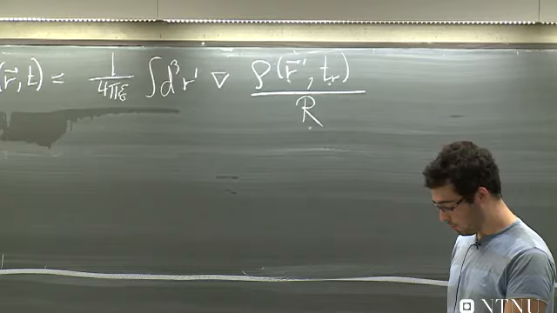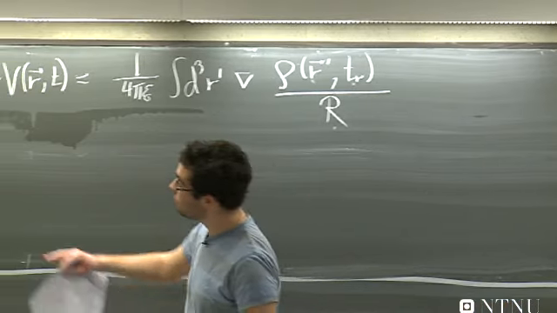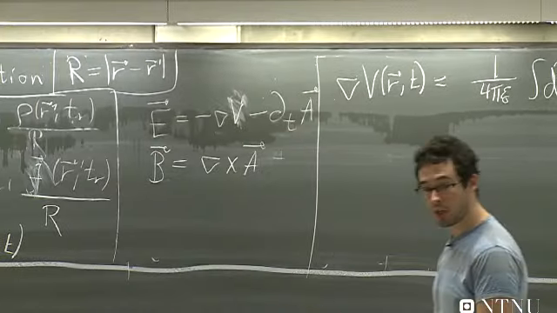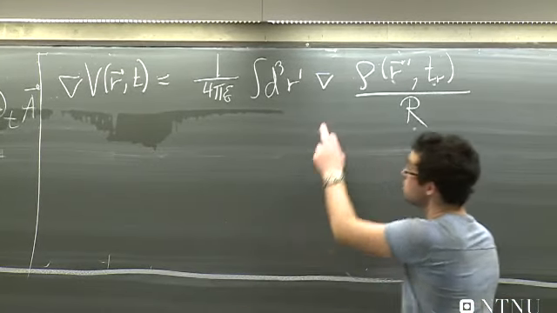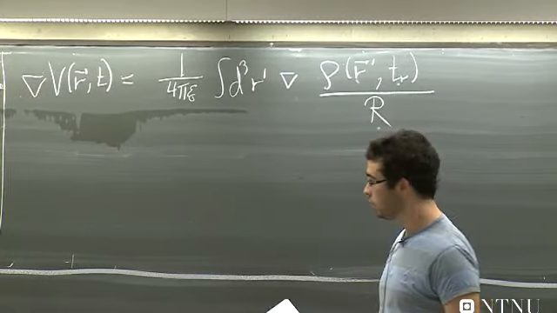So if we recall this and this and use the chain rule, I will look at the ith component of this gradient.